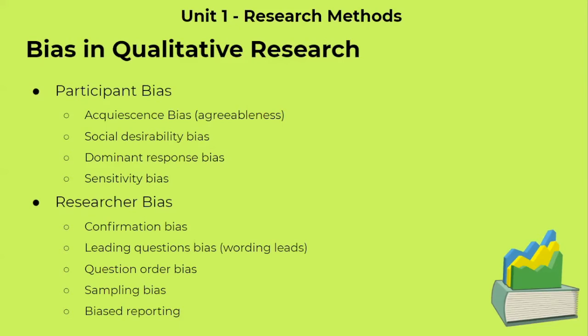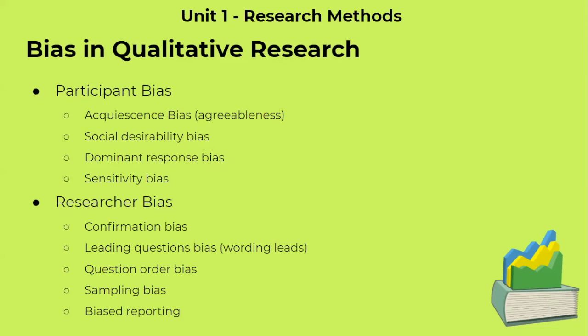So next one is leading question bias. This is basically a result of a wording effect. Like the way a question is phrased is affecting the answer of the participant. So we should basically make sure that the question is understood by the participant in a way that is objective and not because of the specific wording.